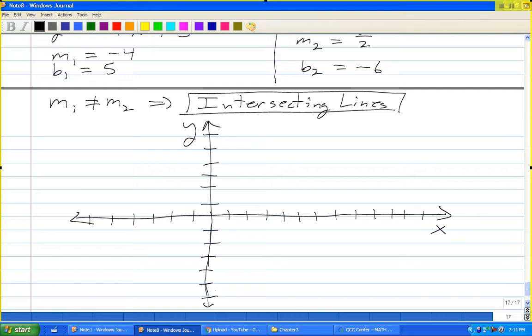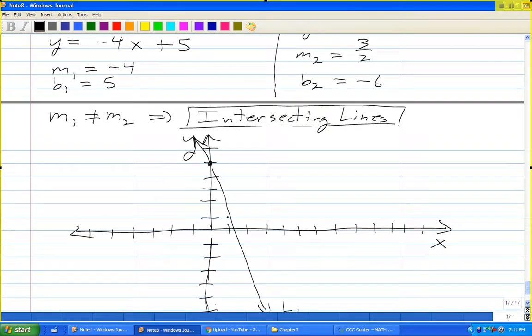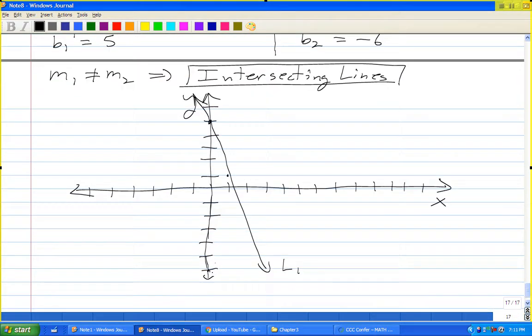So let's start at 5. 1, 2, 3, 4, 5. Okay. Go over 1 down 4. Okay. That's L1. L2 starts at negative 6. 1, 2. Okay. And then you go over 2 up 3.